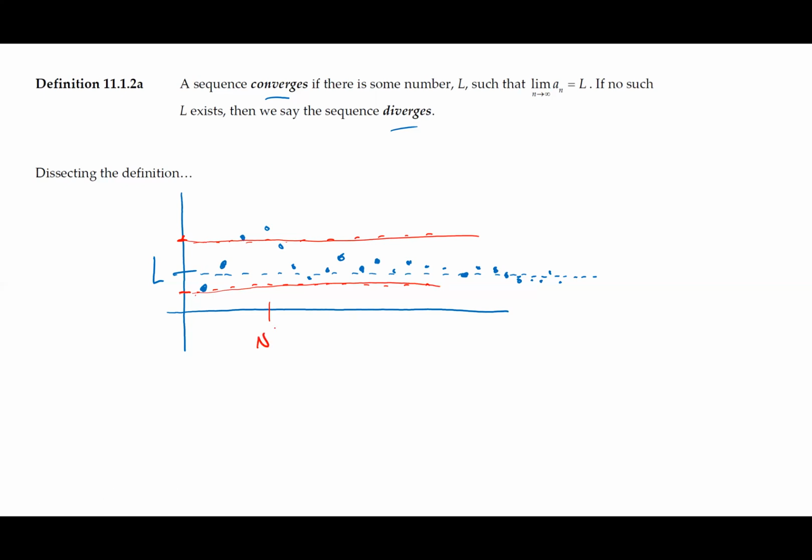And so for all my n's bigger than this n, my a_n's are in this interval, L minus a little bit and L plus a little bit. Well, I could do this again.